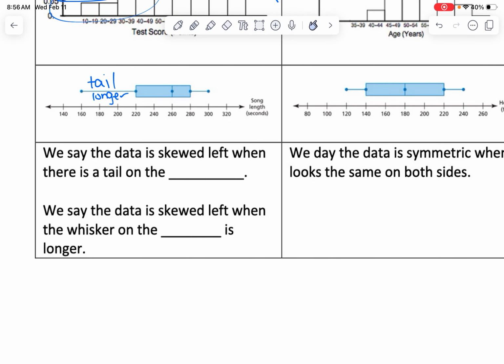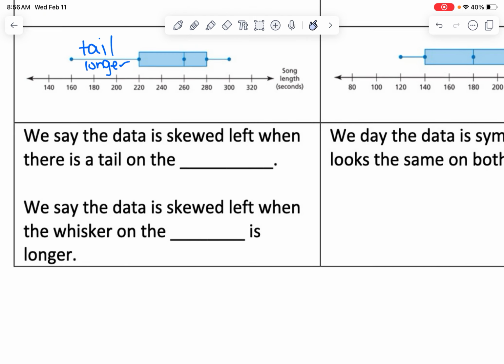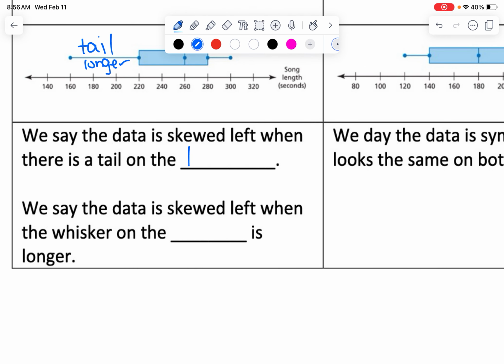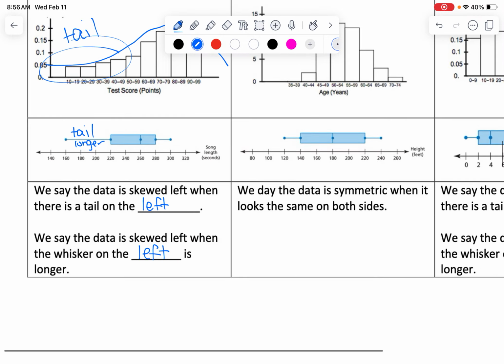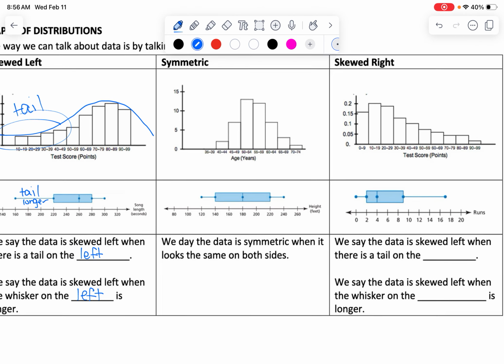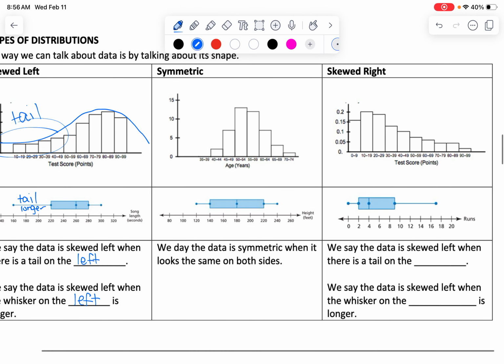We say that the data is skewed left when there's a tail on the left. Or if it's a box plot, we say the data is skewed left when the whisker on the left is longer. I think of that as still like a tail. For symmetric, the shape should be relatively the same.